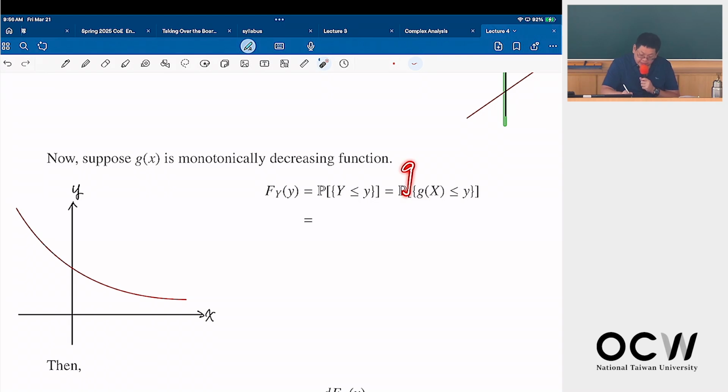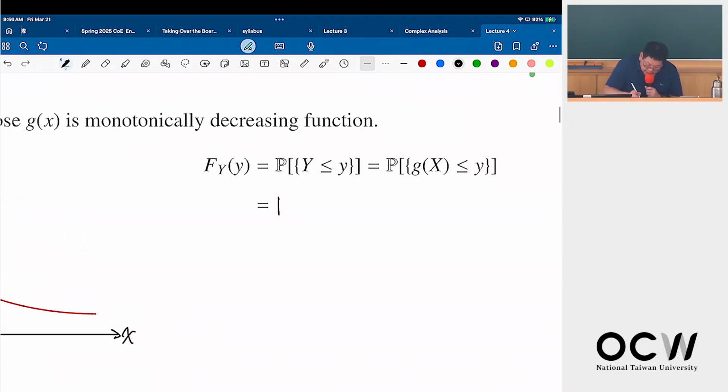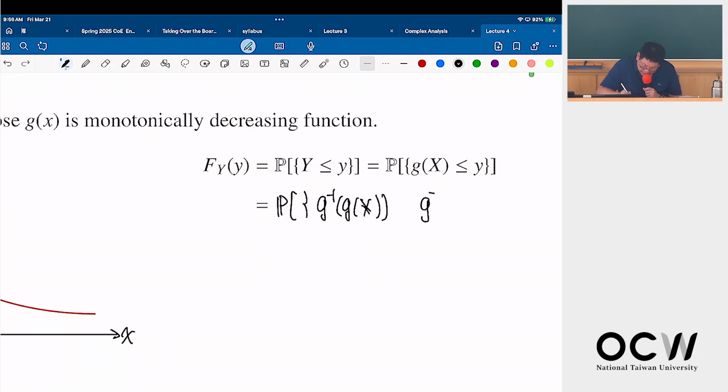And we can take the g inverse on both sides. So you'll get the probability of g inverse of g of x, and the right hand side is g inverse of y.